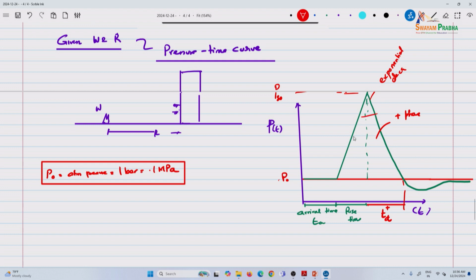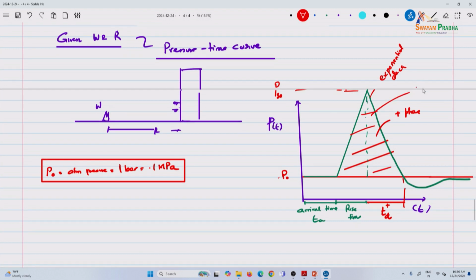And this area is the positive impulse. This is PSO plus, let's say, and this is PSO minus, two different variables.